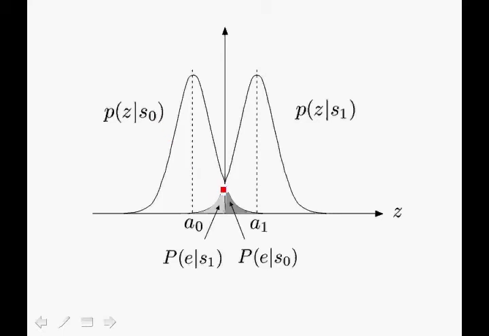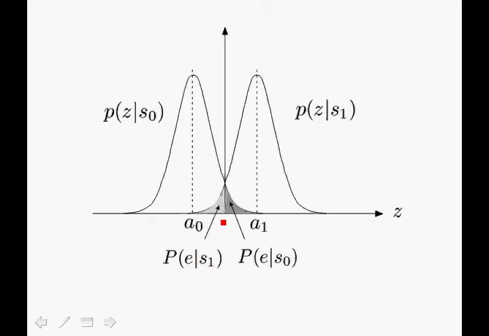The area underneath this tail is denoted by the probability of error given that S0 was sent, and the area underneath the tail shown over here is the probability of error given that S1 was sent.